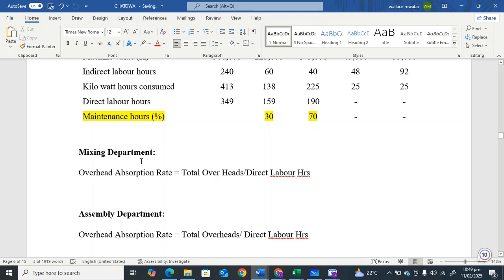So for the mixing department, the absorption base we're going to use is direct labor hours.